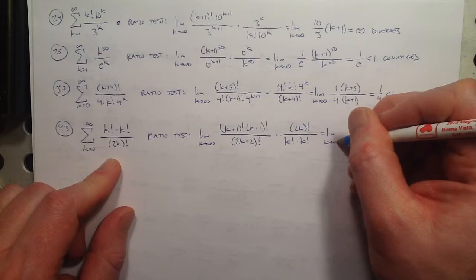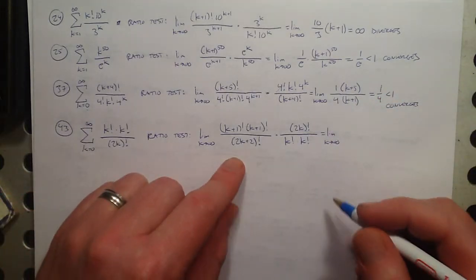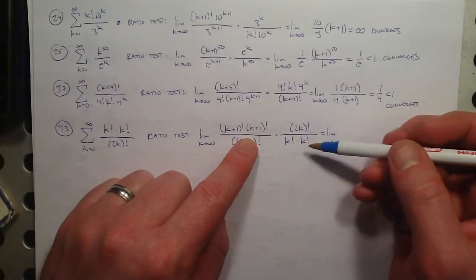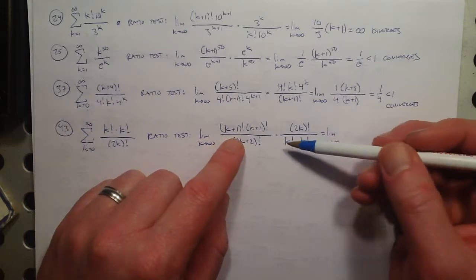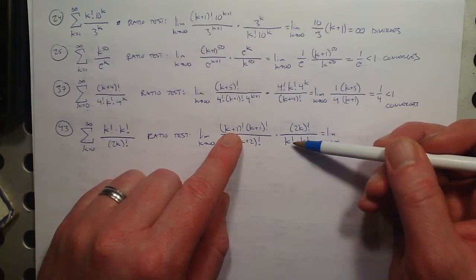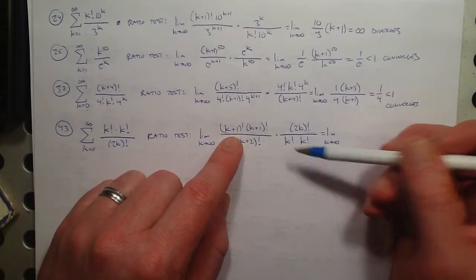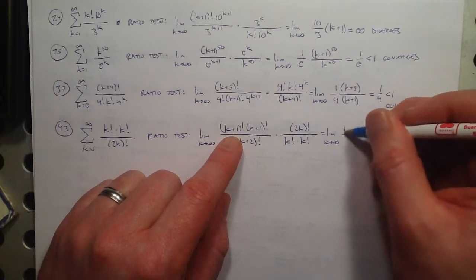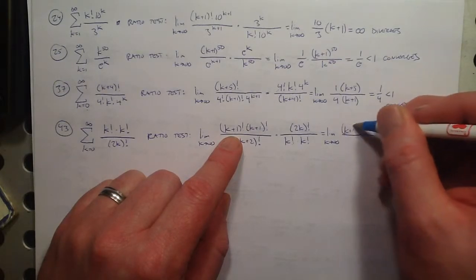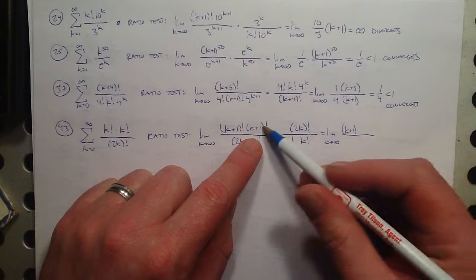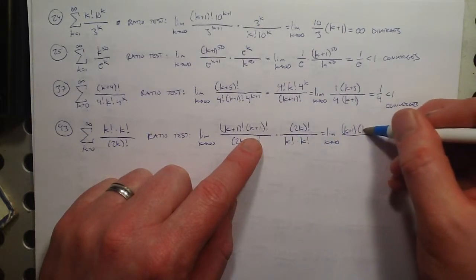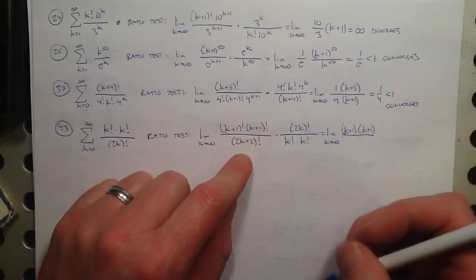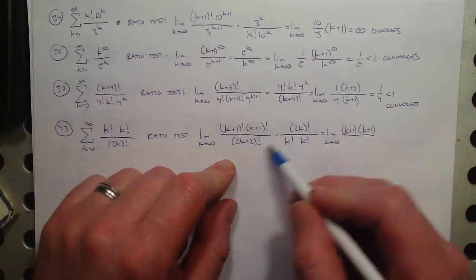So let's see what we can do here. When I cancel out (k plus 1) factorial here, k factorial here, that leaves me a k plus 1 on the top. Here, same deal, k plus 1 on the top. How about here?